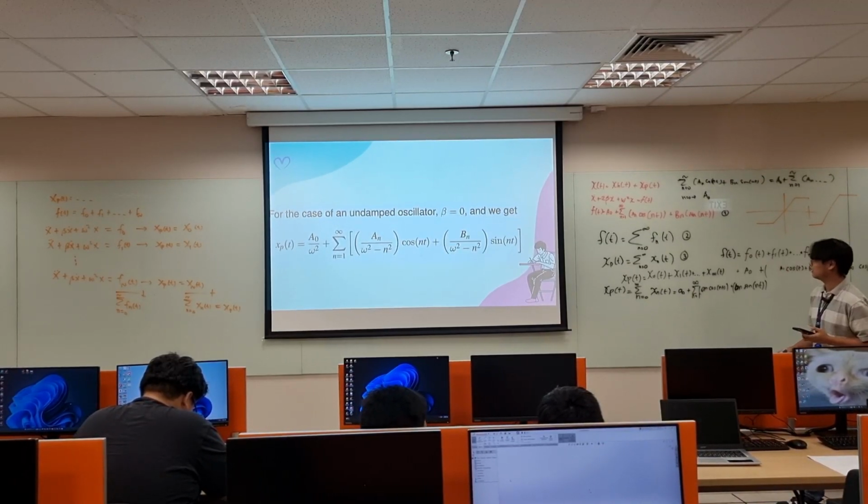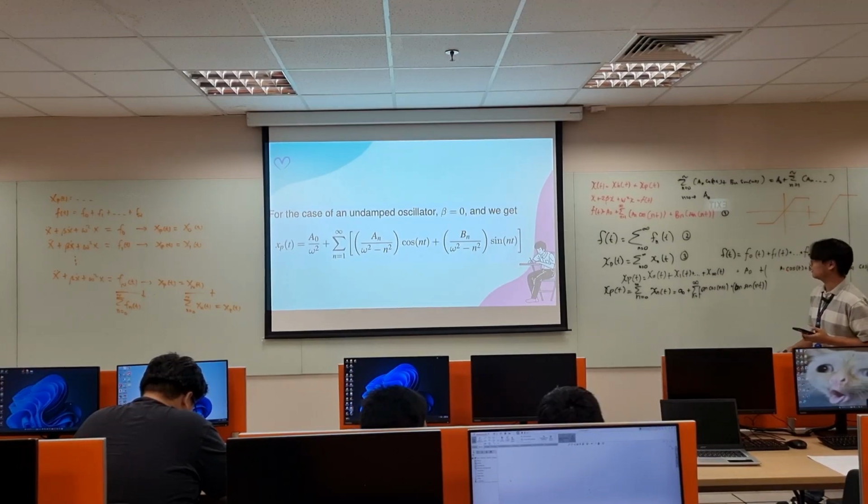So we know that this one is odd. Because this is an odd function, which one is 0? This one will be 0. So f of x is just the summation of bn sine nt. Sorry, bn sine nt.